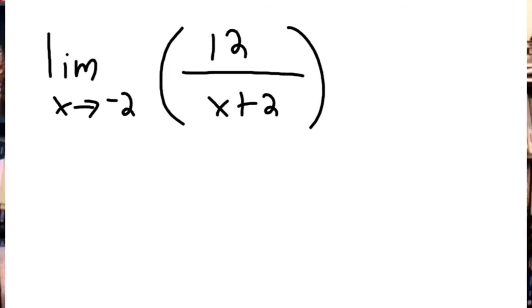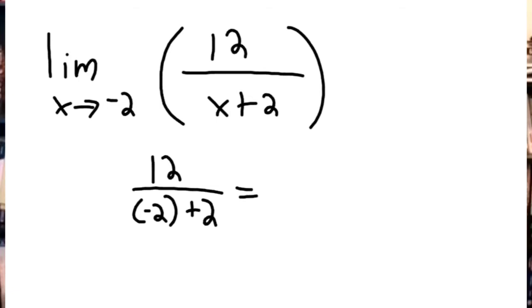So I'm going to plug in negative 2 for x, and that will give me 12 over negative 2 plus 2. So I get 12 over 0. Now 12 over 0 is a problem. So I plugged the number in, it was undefined, just like the previous problem was undefined.